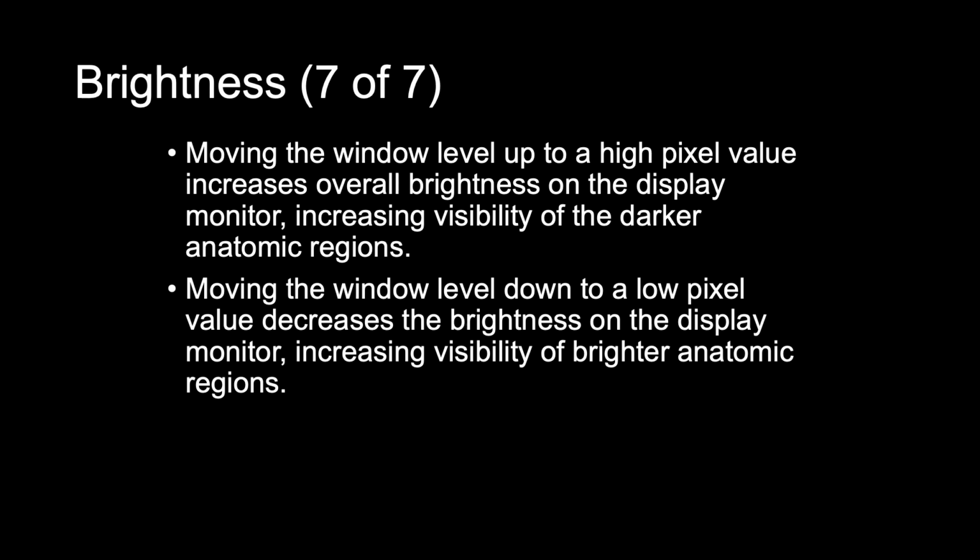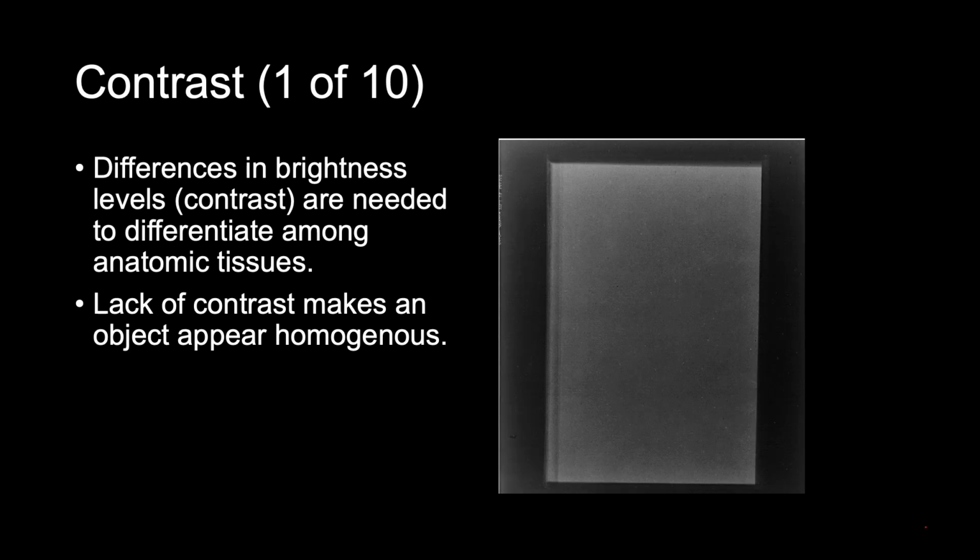Therefore, a low pixel value represents a volume of tissue that attenuates more X-ray photons, and it's going to be displayed as increased brightness or decreased density. The range of brightness levels is a result of the tissue's differential attenuation of the X-ray photons. Now, it'll depend on what type of tissue we're talking about.